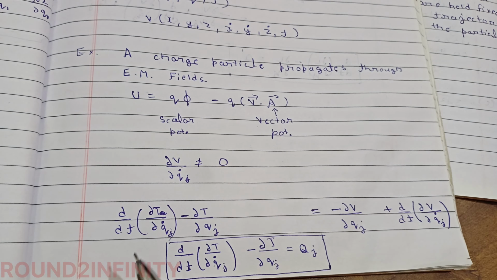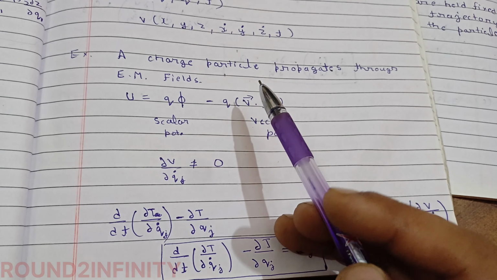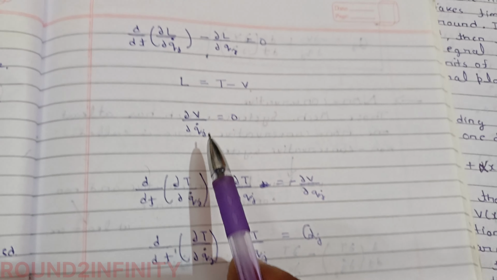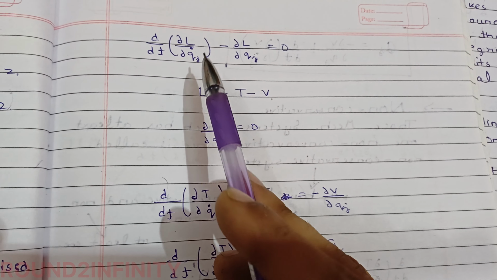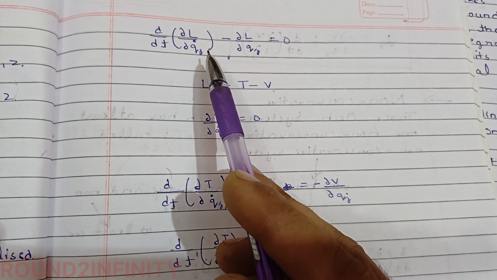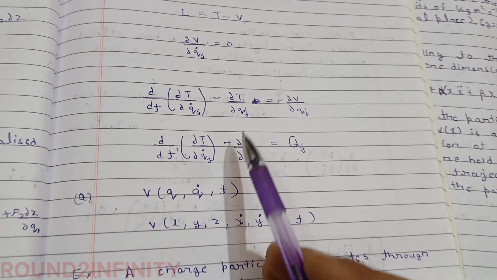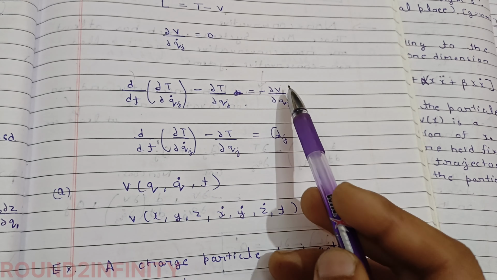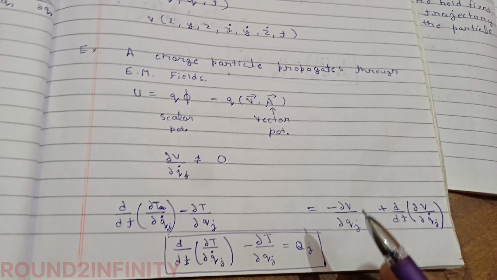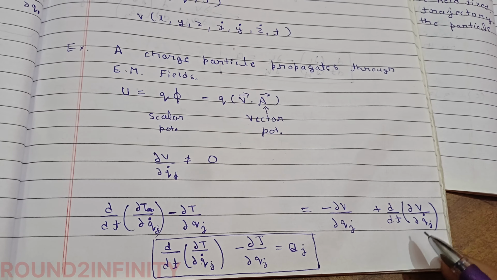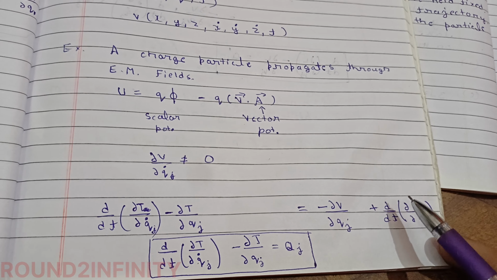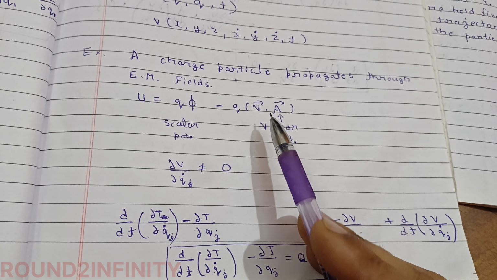Now from this expression you can see that the term we made 0 here, del V over del qj dot, will not be 0 now. Then you will expand and you will get 4 terms. So you will get 2 terms here and 2 terms here. So this term and something more. That will be this term, d by dt of del V over del qj dot, because we made this 0 before, but now it is depending on velocity also.